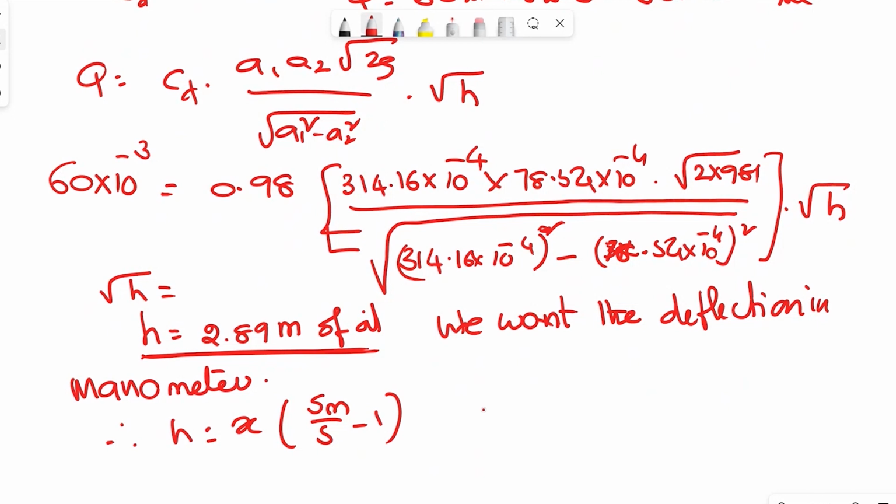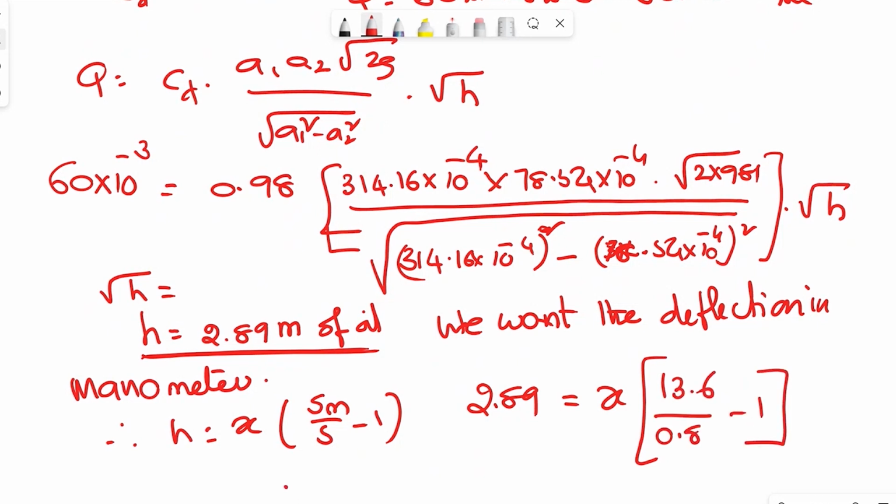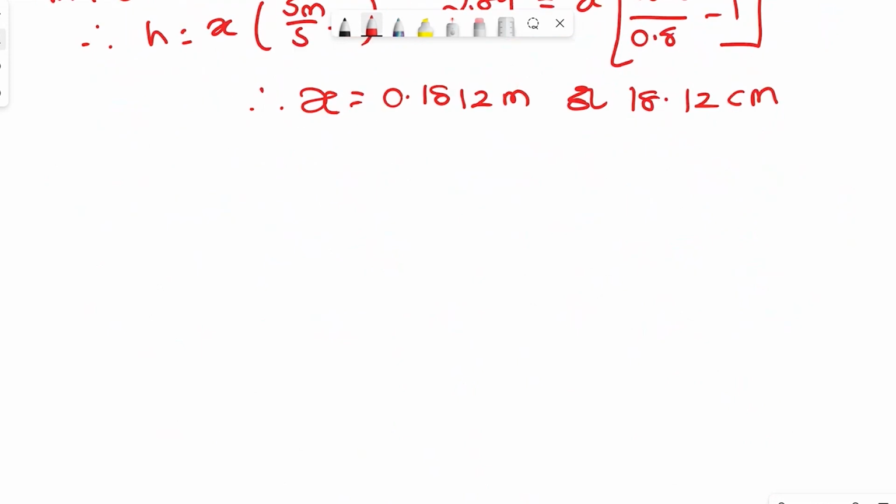So H is equal to 2.89 is equal to x into (13.6 by 0.8 minus 1). Therefore, x is equal to 0.1812 meters, or 18.12 centimeters.